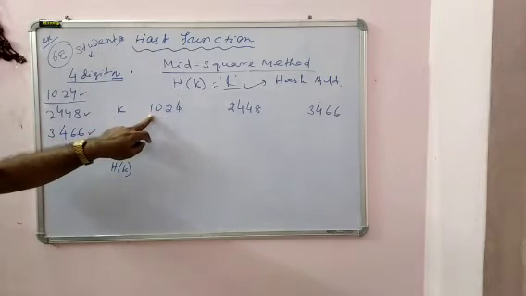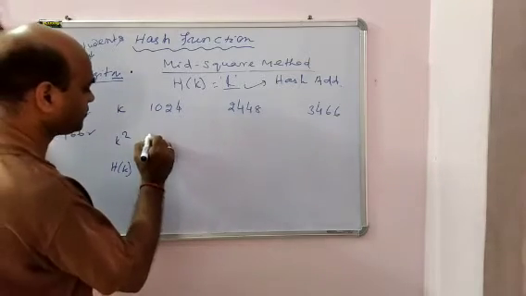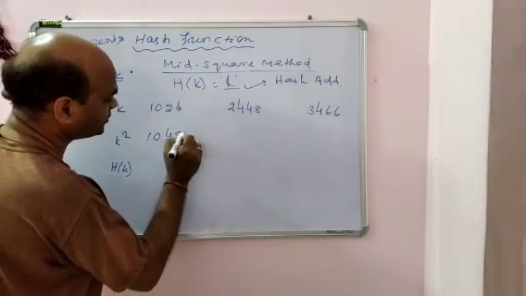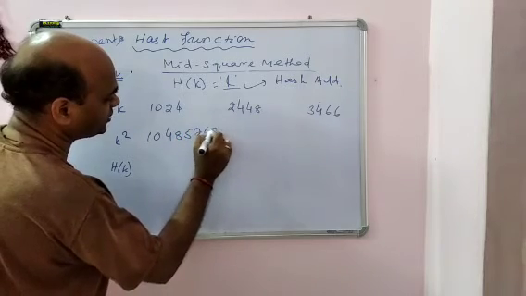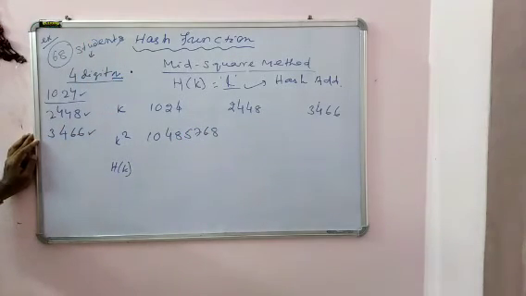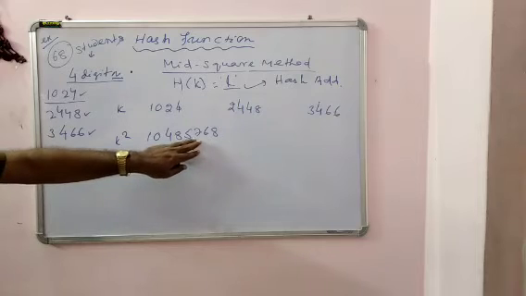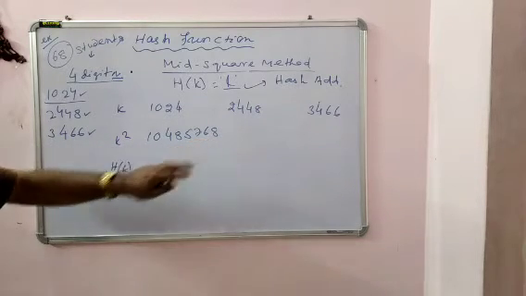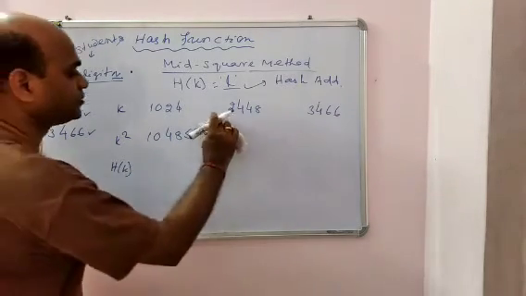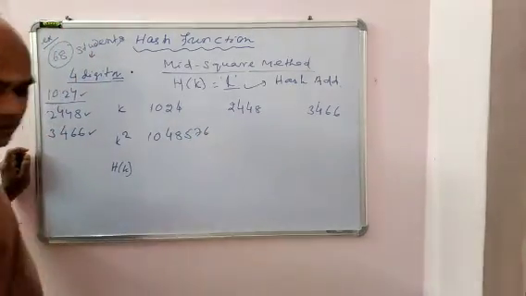The square of 1024 will be equal to 1048576. This is the square I have calculated.